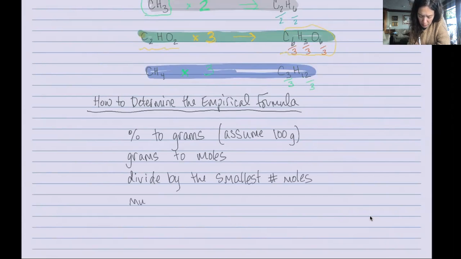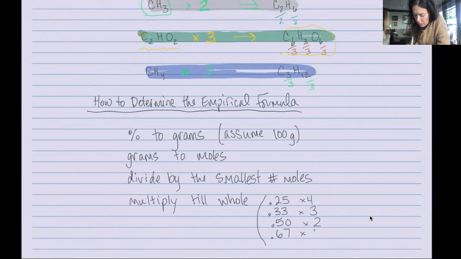We will then multiply till whole. What does that mean? That means if we have numbers that end in 0.25s, we multiply by 4. 0.33s, we multiply by 3. 0.50s by 2. 0.67s by 3. 0.20s by 5, etc. Okay?